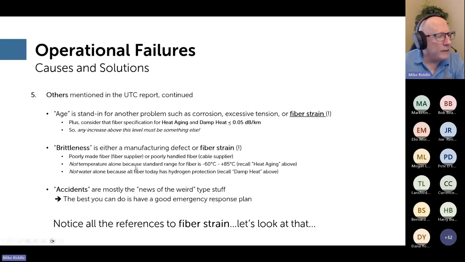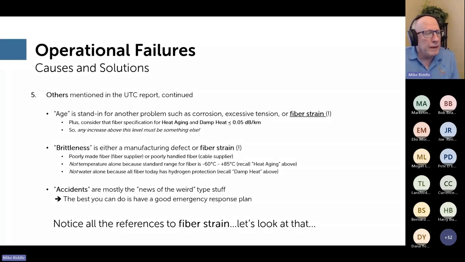It's not going to be temperature alone because fiber is specified to operate within this range, which is plenty for most, 98% of the world. And remember, you have this 0.05 dB per kilometer limit. And a lot of people will attribute it to water, but it's something of a myth that water kills fiber.